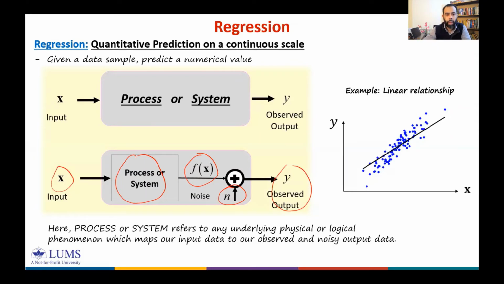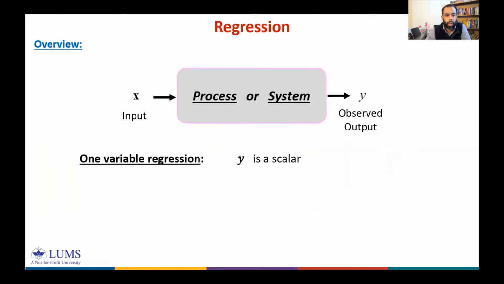Our input x can be a vector or a scalar, and our output can be a vector or scalar as well. Based on this, we categorize regression problems into different categories. For example, when y is scalar, we say we have one variable regression. That means your output is a scalar. If observed output is a vector, we refer to it as a multivariable regression.